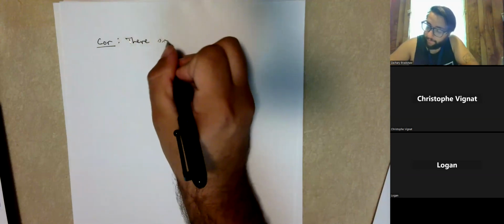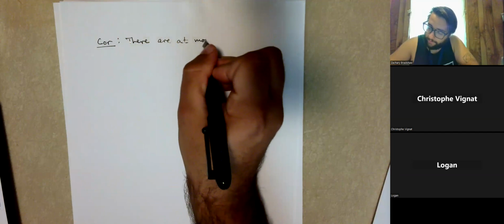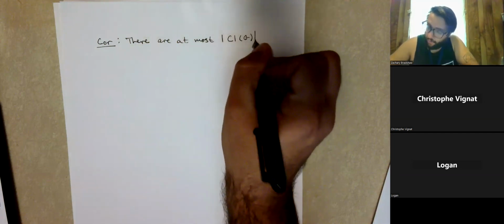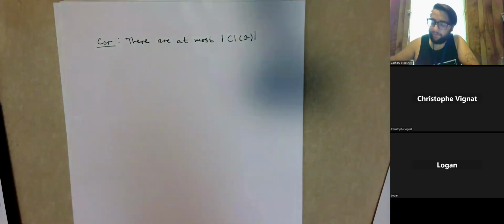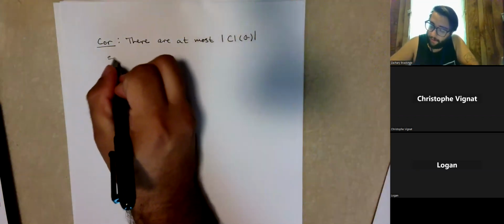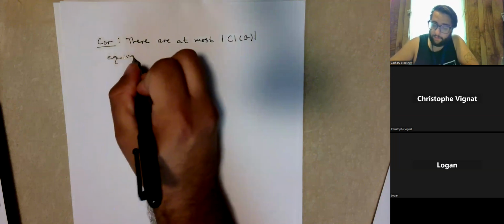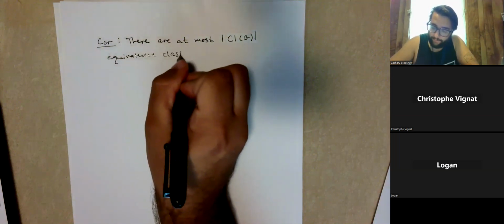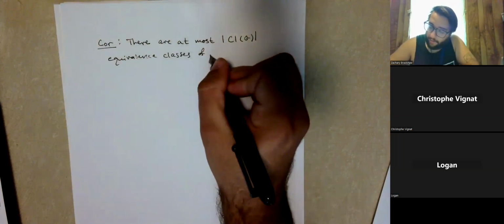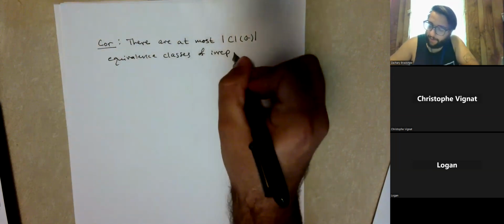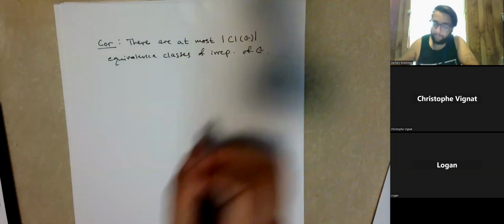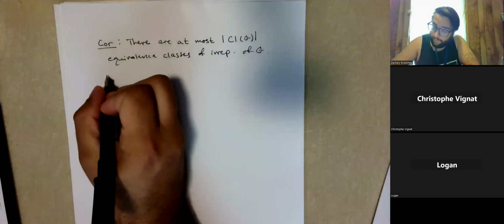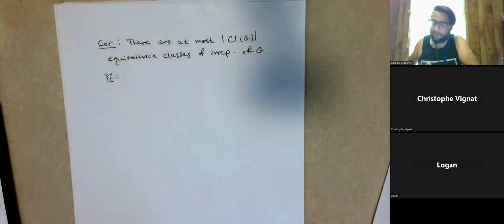There are at most as many equivalence classes of irreducible representations of G as the order of the set of conjugacy classes. Okay. So maybe that isn't so clear.